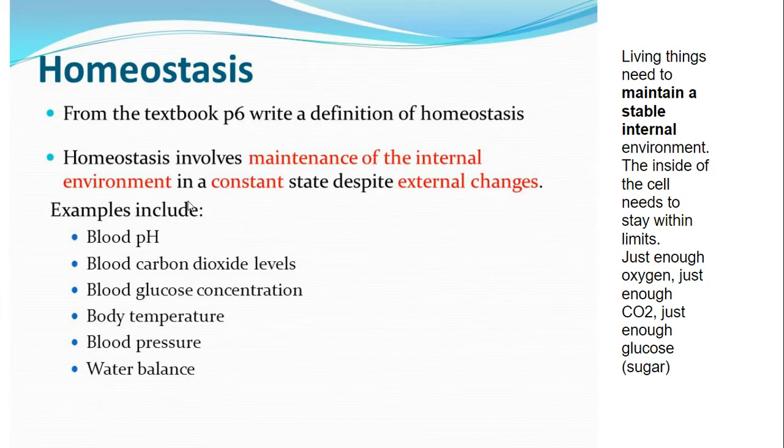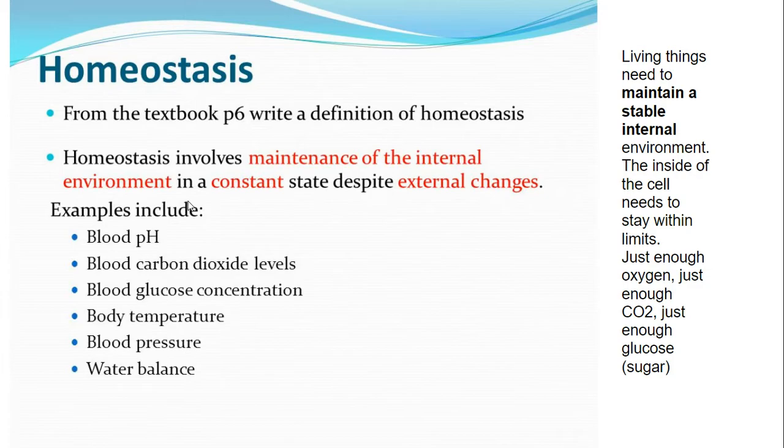Changes can occur outside of the body. For example, it could be very, very cold. It could be very, very hot. There could be instances where there's low oxygen. Many things can occur outside of the body, but the body will keep the same internal state no matter what happens outside of the body.